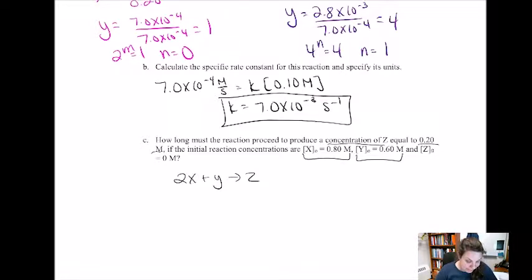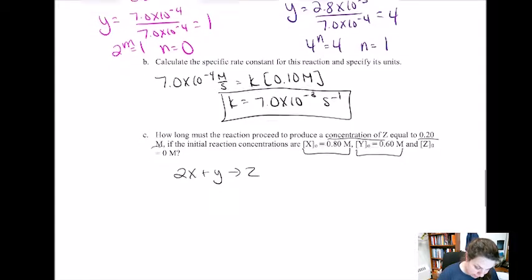So I'm going to go through and actually look at my half-life. Half-life for a first order process, 0.693. Oh, you know, I don't need to do all that. Let's not do half-life.